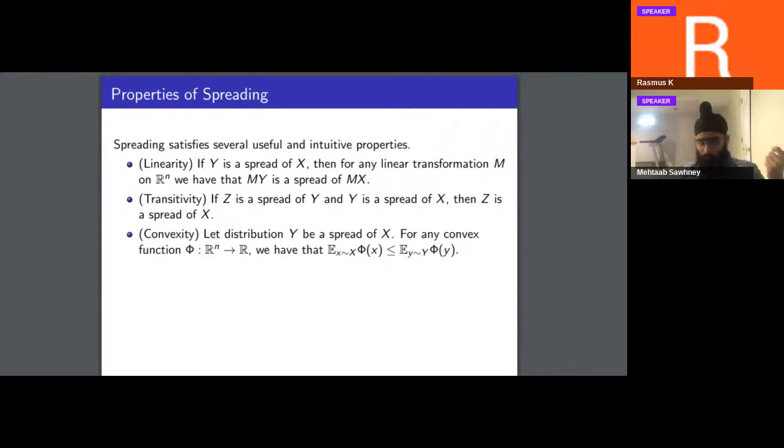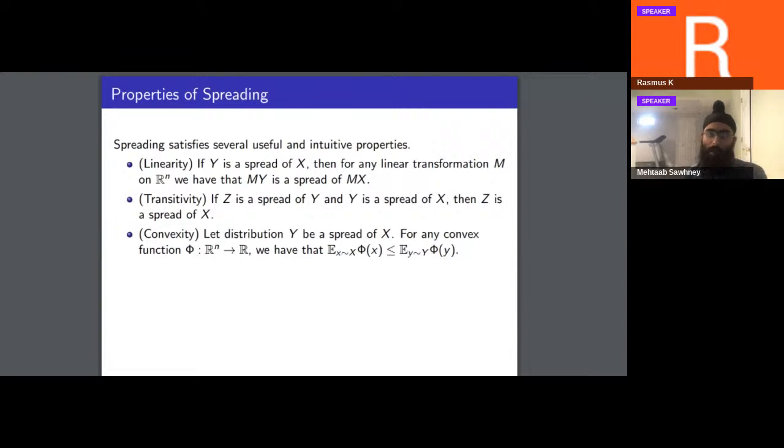Let y be a spread of x. Then for any convex function phi from Rn to R, the expectation of phi of x, where x is sampled from x, is less than the expectation of phi of y, where y is sampled from y. This is actually a consequence of Jensen's inequality.